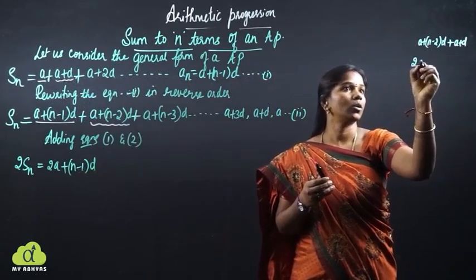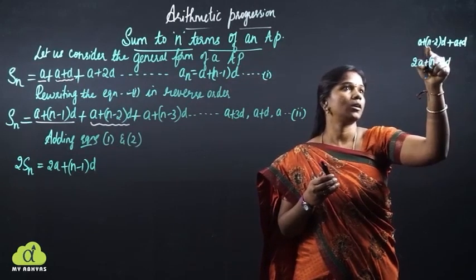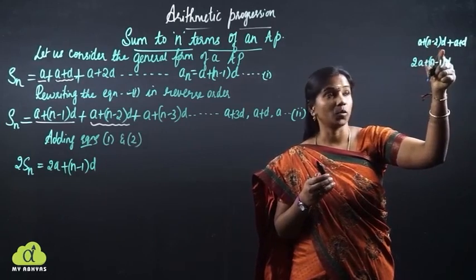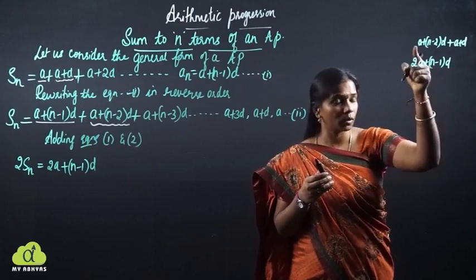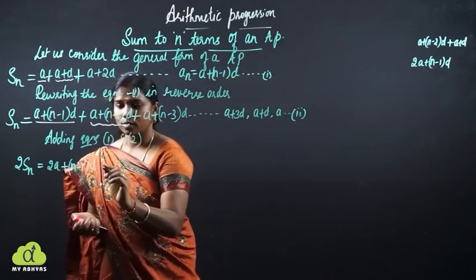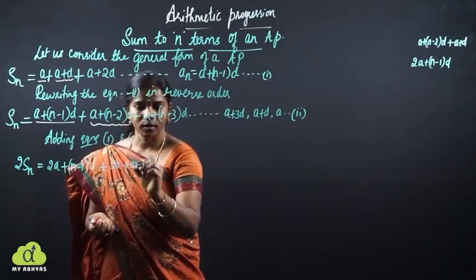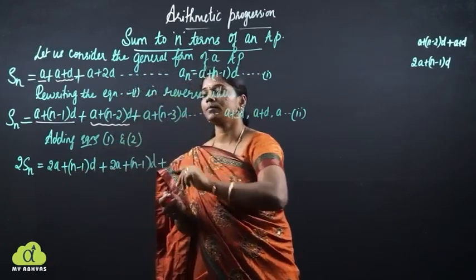Again, we get 2a plus n minus 1 into d. See here, n minus 2d plus 1d, group and subtract. We get n minus 1 into d only. You can do it in the working column. So write down here, for the second term, it is again 2a plus n minus 1 into d only.